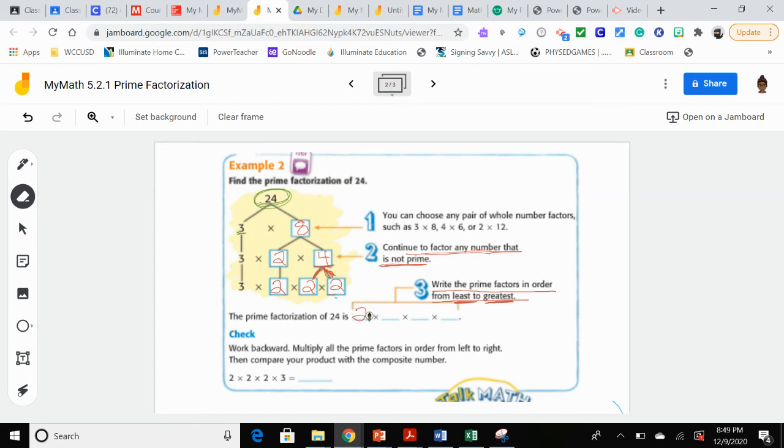I've got exactly 3. 2 times 2 times 2 times 3. Okay, and I'm going to work backwards again to check my work. 2 times 2 is 4, times 2 is 8, times 3 is 24. So I have the correct prime factorization.